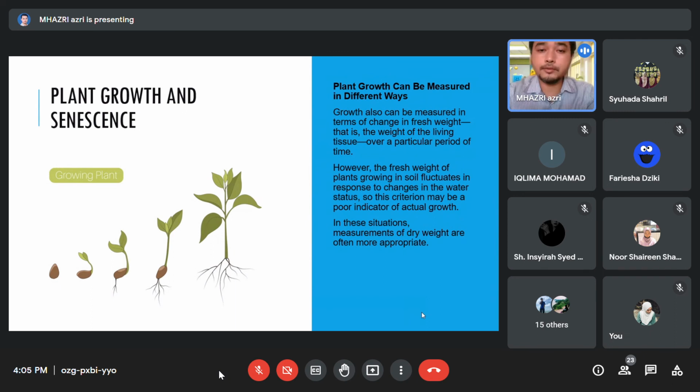Okay, for example, we take the diameter measurements, we take the height measurements. Apart from that, we also take fresh weight and also dry weight. Okay, so in that way, kita dapat determine the plant growth accurately.